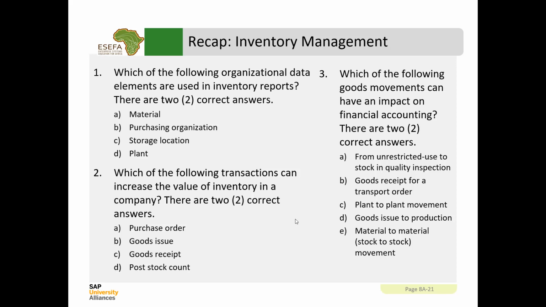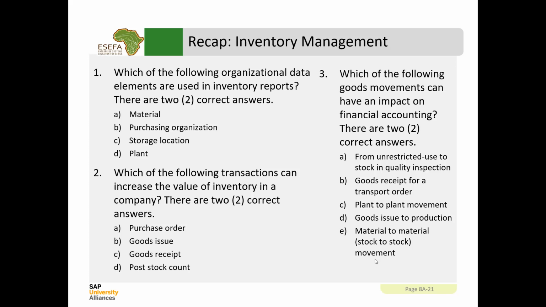Who else wants to try? C and D, or who else wants to give us another option? Who has a contrary answer to that? B and C. B and C. Okay, goods receipt from a transport order. Okay, B and C.